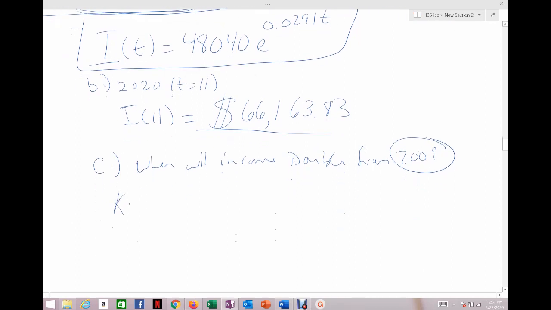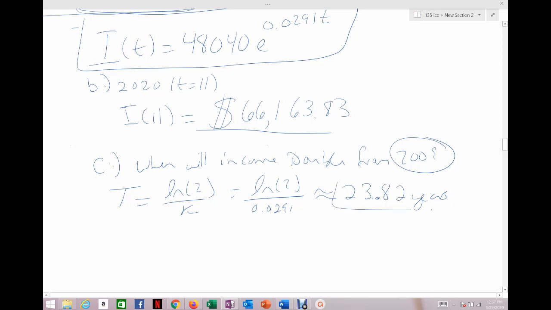You can remember that doubling formula: my doubling time is equal to the natural log of 2 divided by k. In this case, it'd be the natural log of 2 over that 0.0291, which comes out to 23.82 years. So it'd take almost 24 years to double.